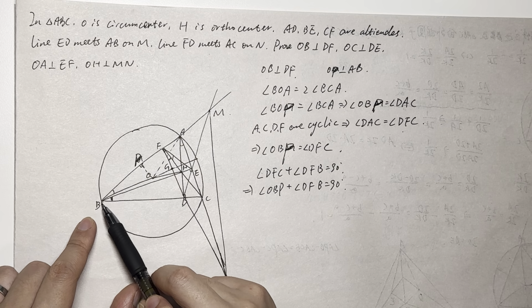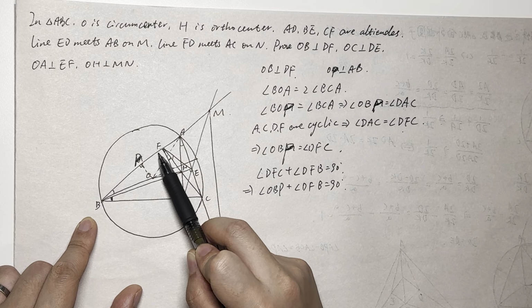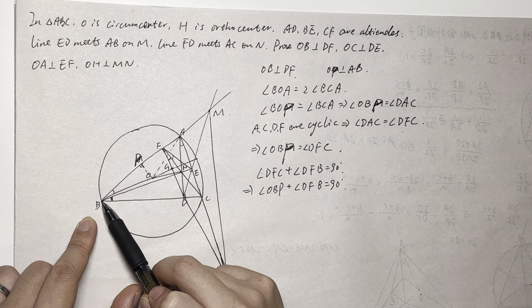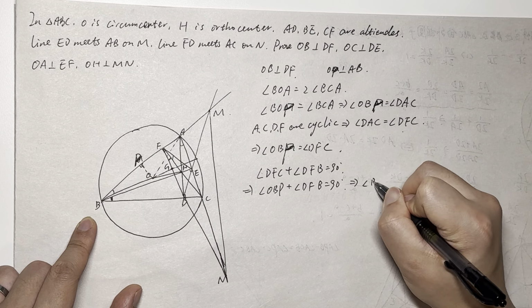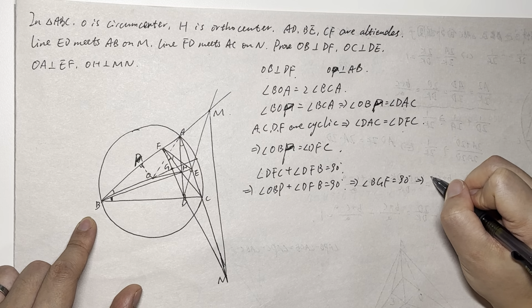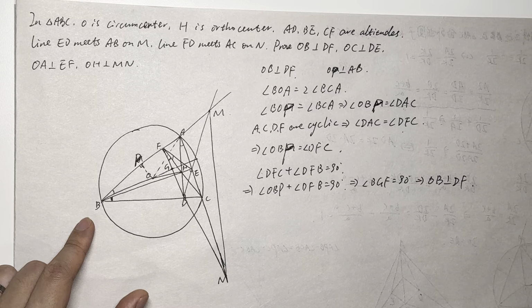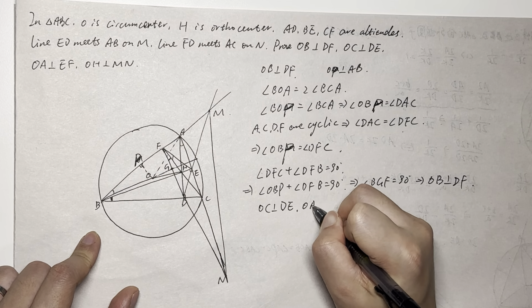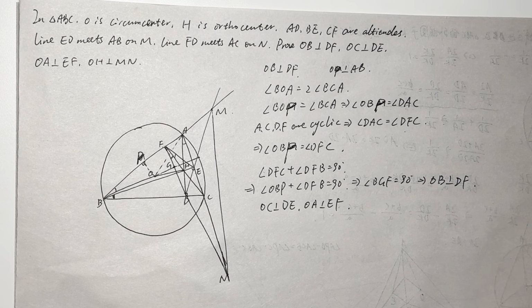This angle OBP plus angle DFB, or DFP, equals 90 degrees, which means that angle BGF equals 90 degrees. So OB is perpendicular to DF. Similarly, OC is perpendicular to DE and OA is perpendicular to EF. Okay, that's the first part.